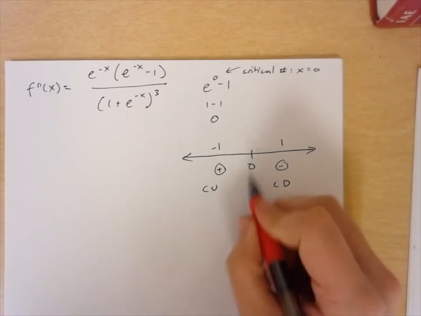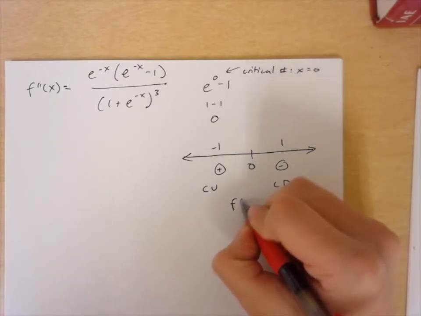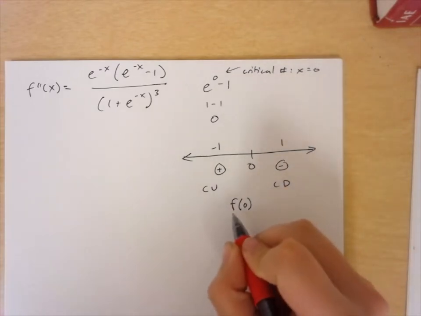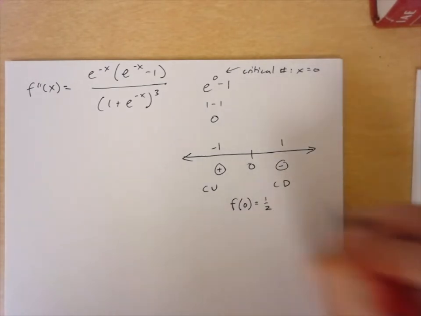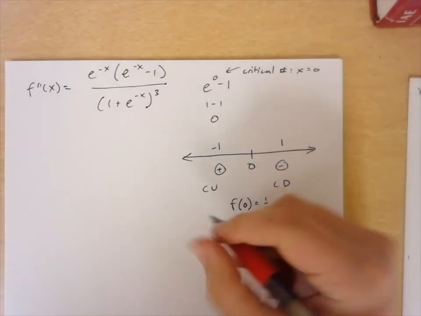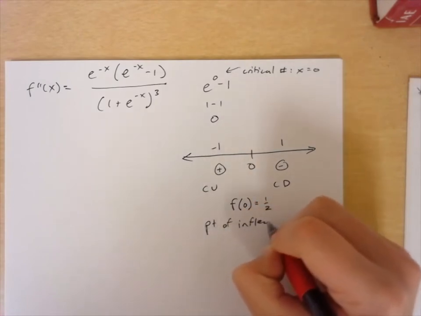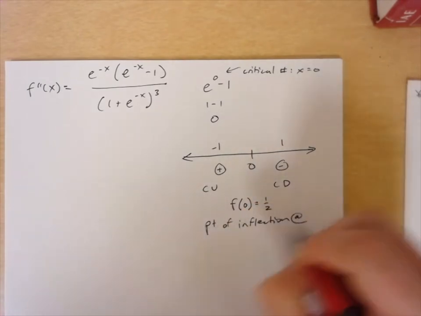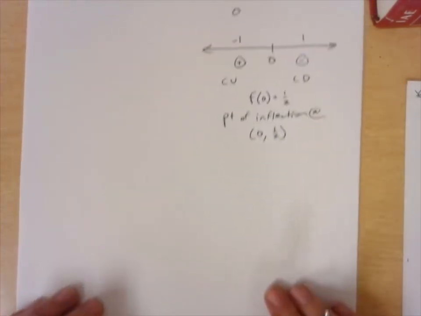I have a possible inflection point here, so let me evaluate my original function, my f, at 0. And when I do that, I get 1/2. And so I have a point of inflection at 0, 1/2.